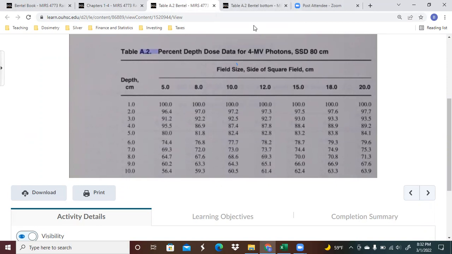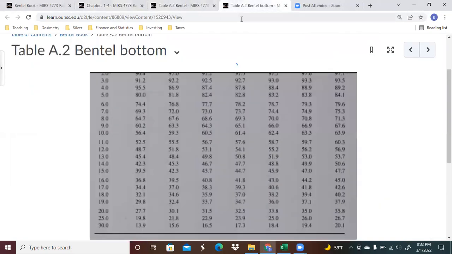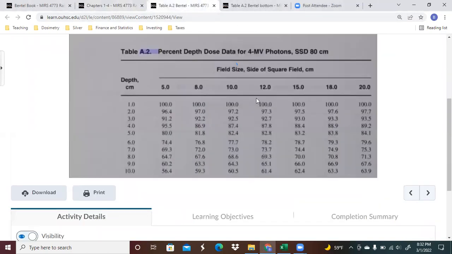When I uploaded this, I ended up cutting it in half because of certain issues. What we're looking at here is somewhere between the fourth and fifth columns.